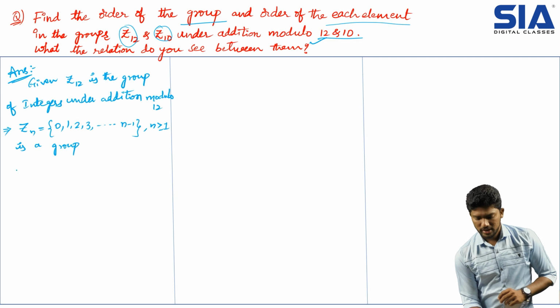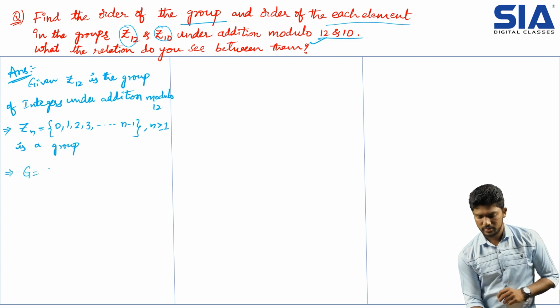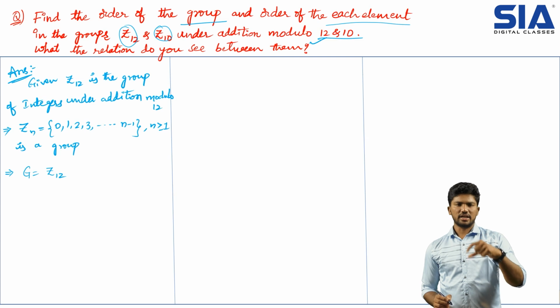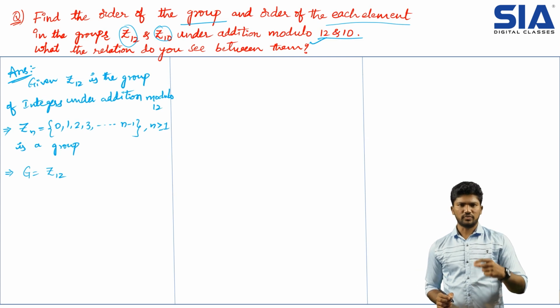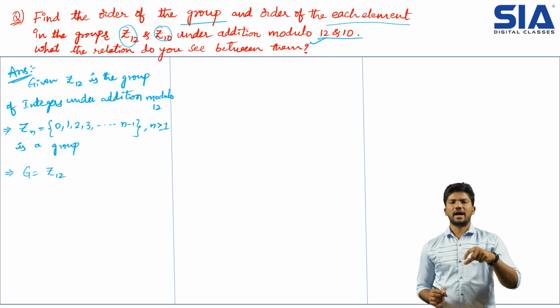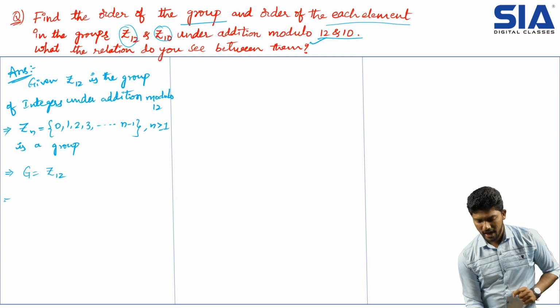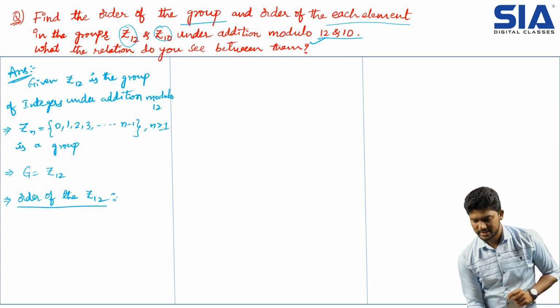Now here we have the group G equal to Z12. By using addition modulo 12, we have to find the order of this group and the order of each and every element of this group. First of all, the order of the group Z12.